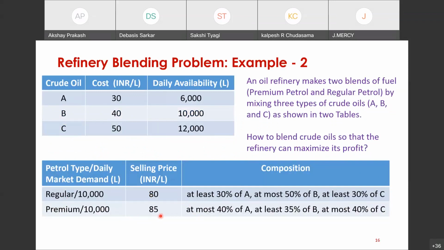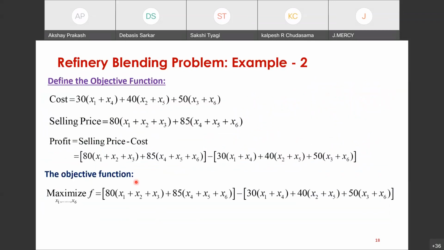This is a crude product. So now you can have the selling price. So the difference is the profit. So that is the function you want to maximize.